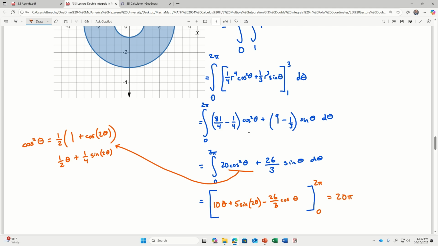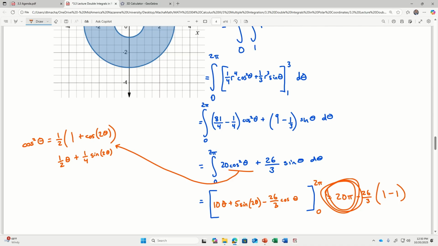For 5 sine of 2 theta, well, sine of 0 is 0. Sine of any integer multiple of pi is 0, so that term goes away. The next thing I need to worry about is minus 26 thirds times cosine of 2 pi, which is 1, minus cosine of 0, which is 1. Okay, 20 pi. There's my answer.